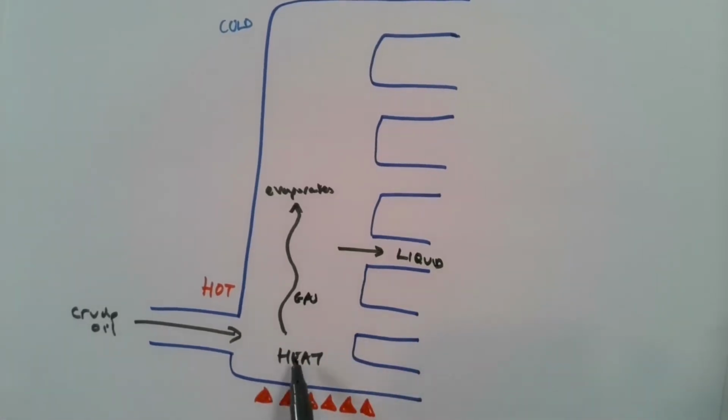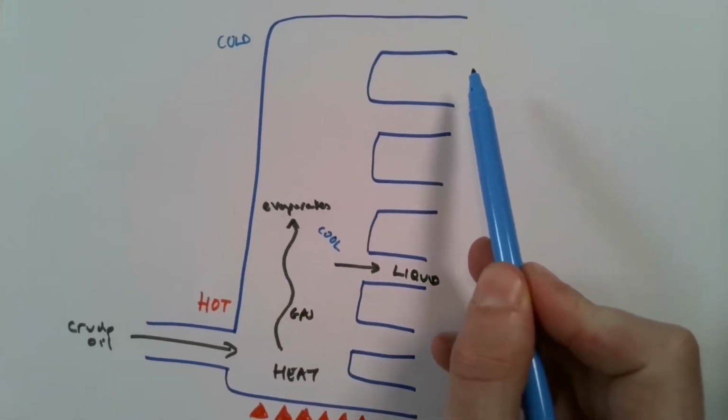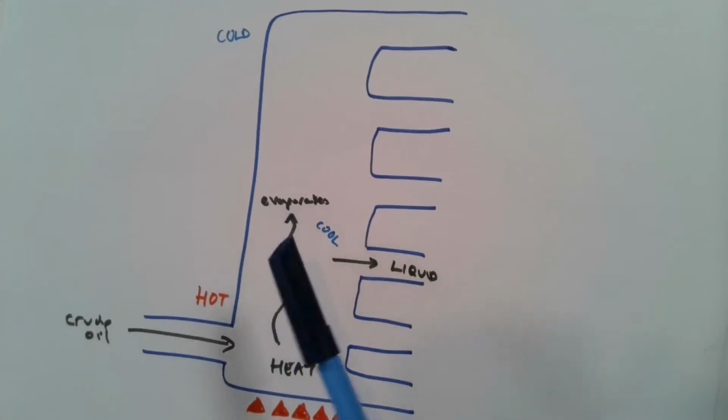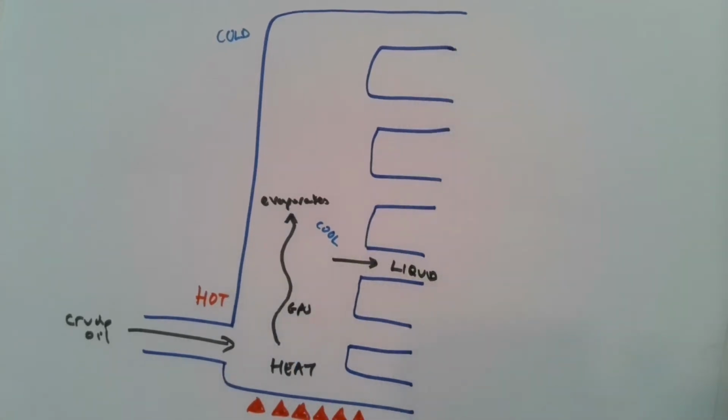So they turn into a gas, they evaporate, and then as they rise, they cool, and they turn into a liquid. And so what you'll see is that they'll start to come out at different levels. Those that have the lowest boiling points will come out at the top, and those with the highest boiling points would come out nearer to the bottom.